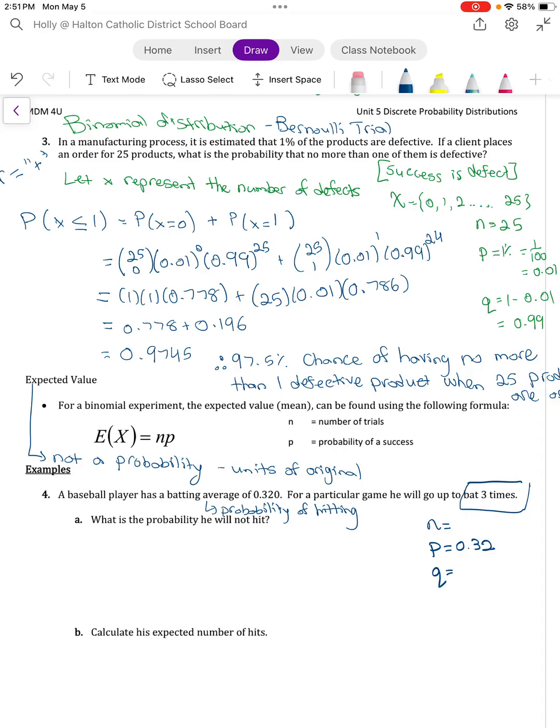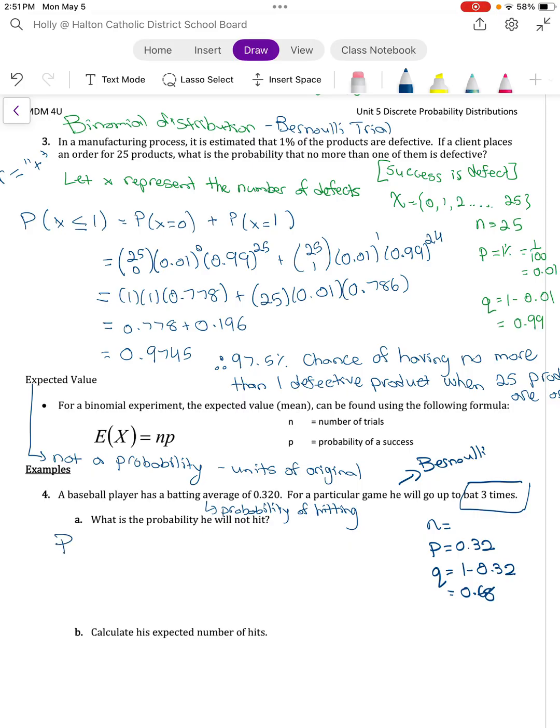The alternative, not success, would be 1 minus 0.32. We know this is also a Bernoulli trial, because if I hit the ball once, it's not going to affect if I hit the ball again. Or if I miss and I go to bat again, I can still hit the ball again.